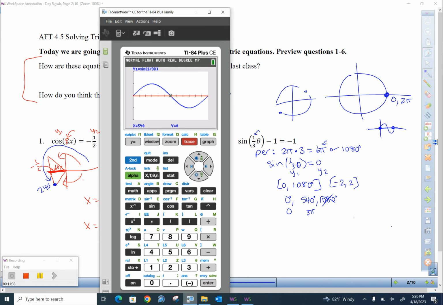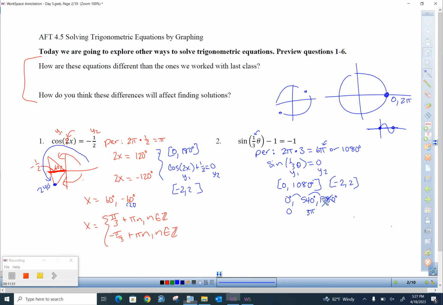But I will show you on here something that I see, because we do have those three numbers, is from here to here, we've got 540. And again, there's 540. And because we had three numbers to start with, you can determine a pattern from there, which means you could actually group these together a little nicer and say the first solution is at 0, and then they happen every 540 after that.